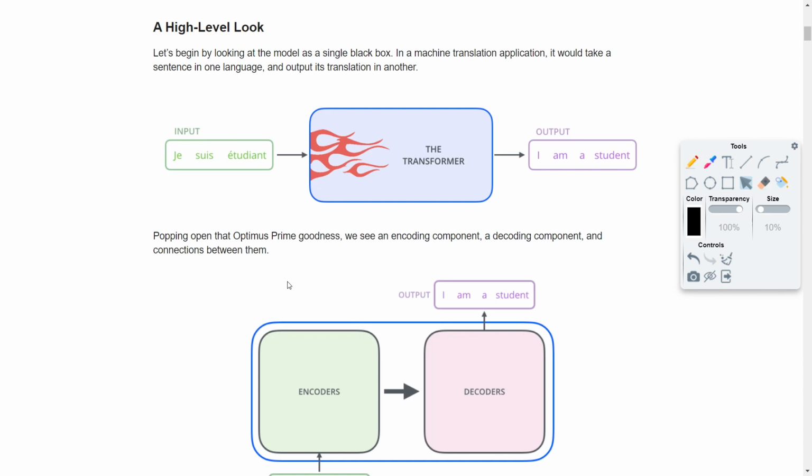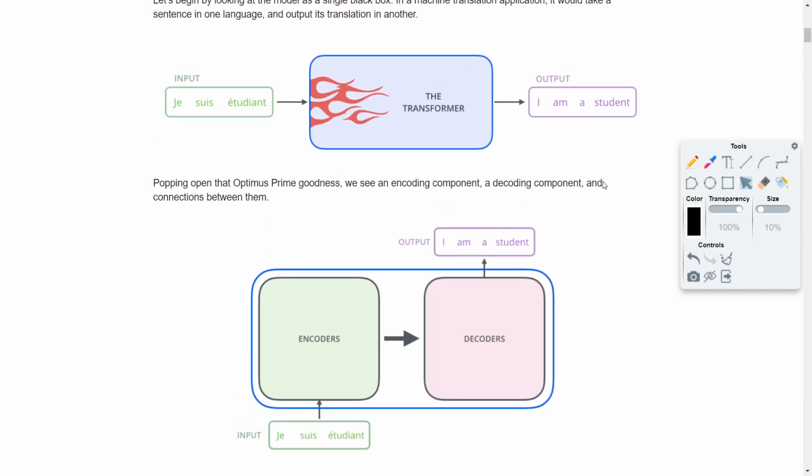On a very high level, suppose we have a problem in which we are trying to do machine translation, translating an input sentence, for example from Spanish or some other language, such as "estudiante", and then using the transformer to translate that sentence to English. We are trying to find that it means "I am a student", and everything is done by the transformer.